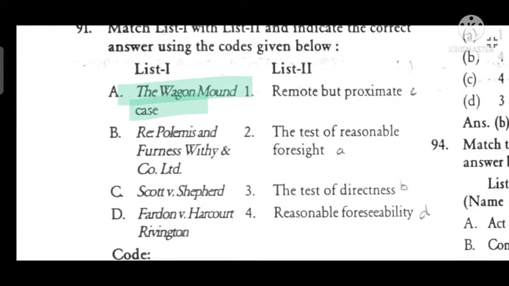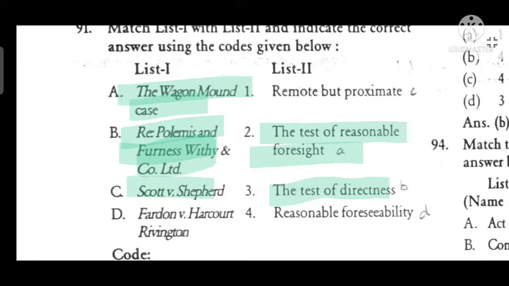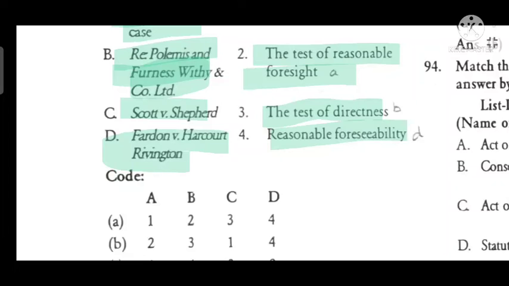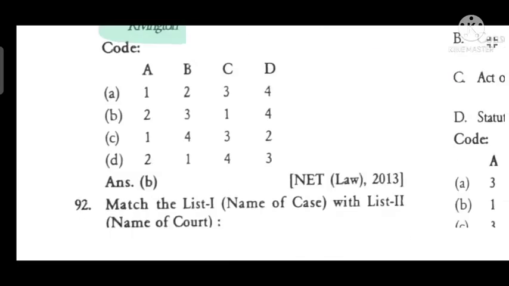Wagon Mound case, test of reasonable foresight. Re Polemis and Furness, Withy and Company, test of directness. Scott versus Shepherd, remote but proximate. Haddal versus Hadcourt Rivington, reasonable foreseeability.